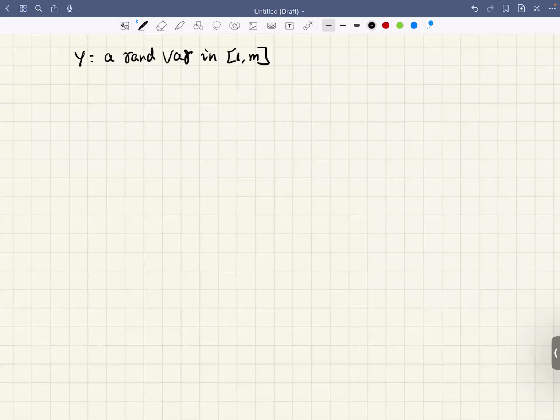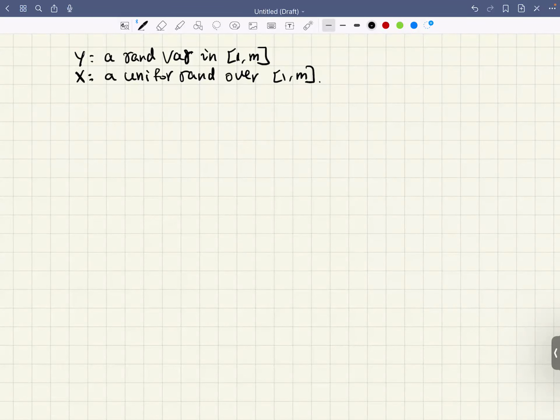And suppose that I have another random variable, a uniform random variable over 1 to M. So I have two random variables, and they are independent of each other.